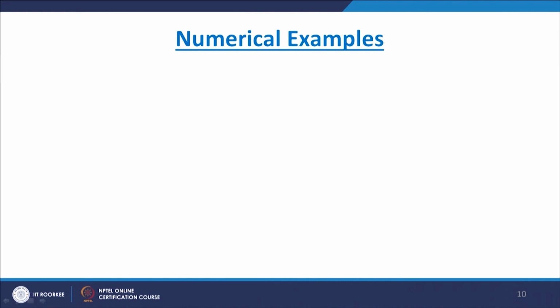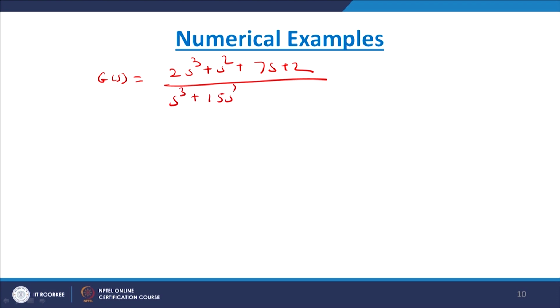Here we take one example: G(s) equals (2s cube plus s square plus 7s plus 2) divided by (s cube plus 15s square plus 62s plus 48). This is the example. Earlier, what transfer function did we take?